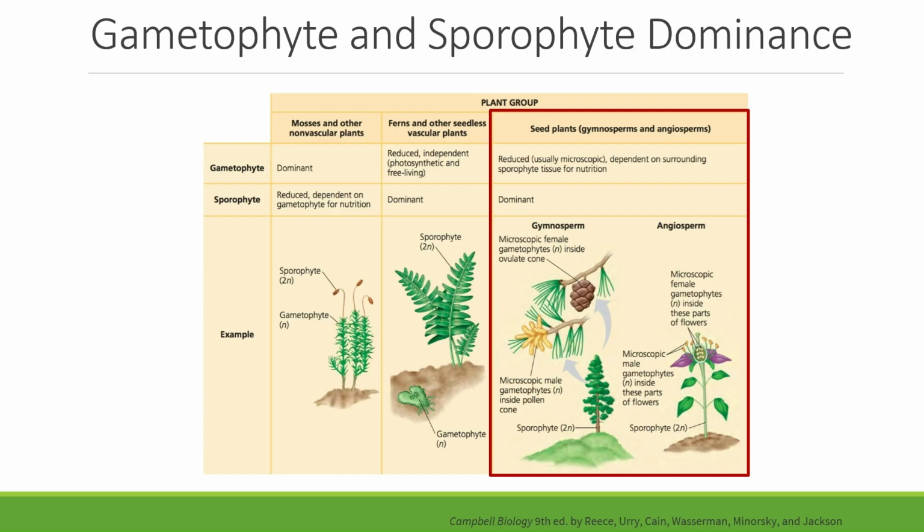You can see that the sporophyte is considered to be the dominant structure of the seed plants. So when you look at these plants, you're looking at basically the entire plant you're able to visualize, which is going to be that diploid sporophyte. The gametophyte portion is very small and lives within the sporophyte-dominant plant.